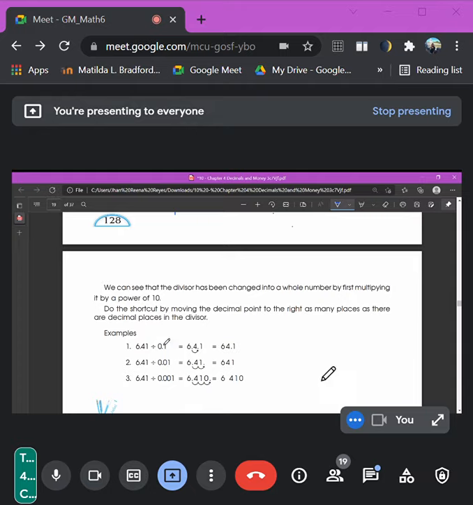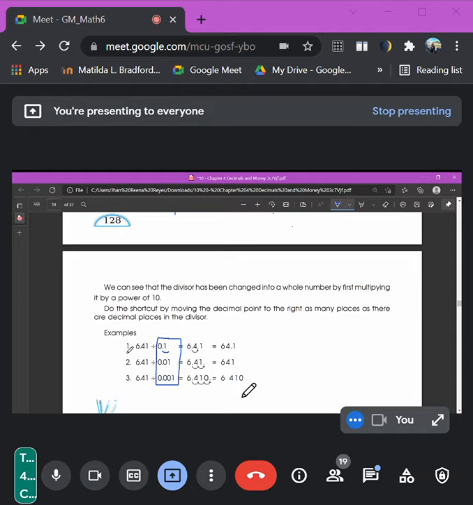We have 6.41 divided by 0.1. So, our decimal place here is just 1. So, for it to become a whole number, what we will do, class, is move our decimal place to the right. It's like multiplying. Okay? Whatever the given divisor is, it's like multiplying because the movement is only to the right.